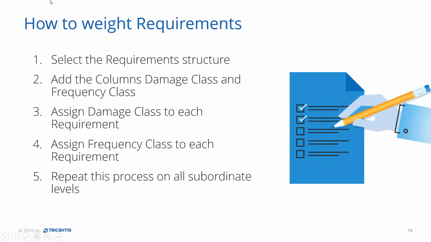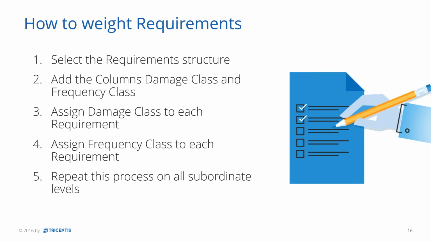What I want to do is have a quick recap of some of the key areas and some of the key processes, because we talked about a lot there. There was a lot of information. In actual fact, if you get down to the main key points, it's really quite simple. If you want to weight the requirements, it's a very, very simple process. Number one, you select the requirement structure that you wish to weight.